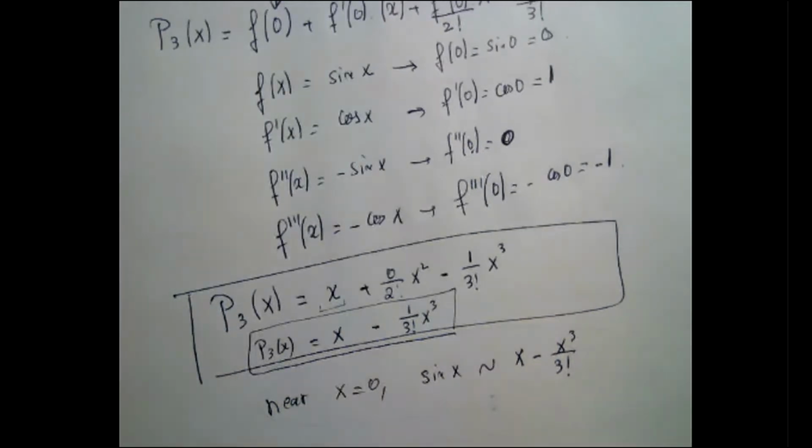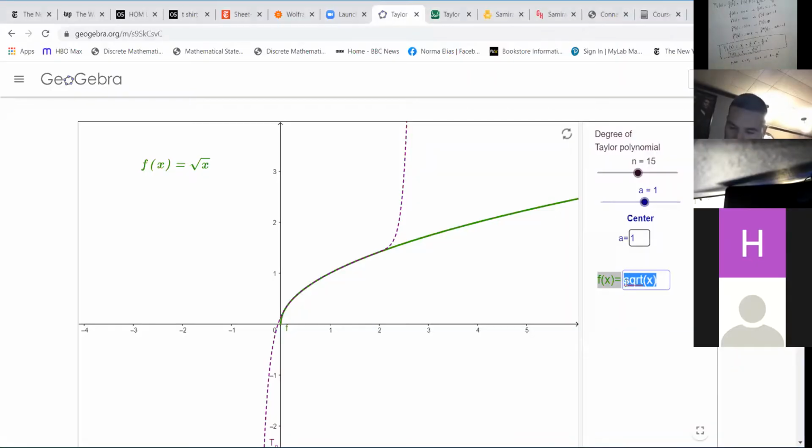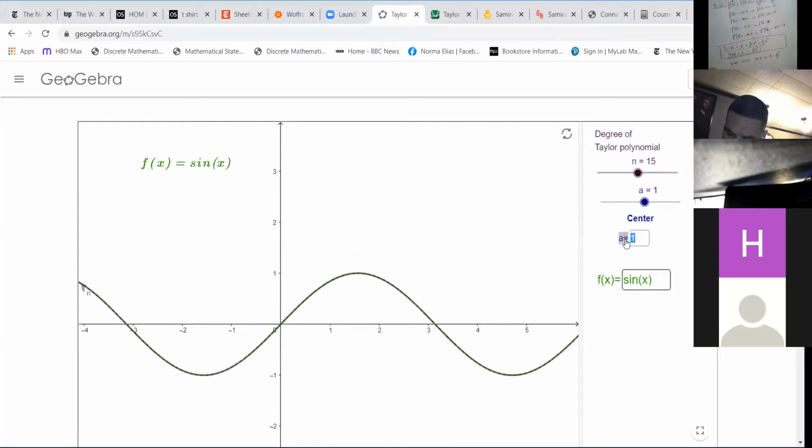Again, I'll share the screen one last time with you, and I want you to see those polynomials so you can interact with them. Okay, I'm going to take the sine function, with my center at 0. It means I'm approximating near 0. And here we are.